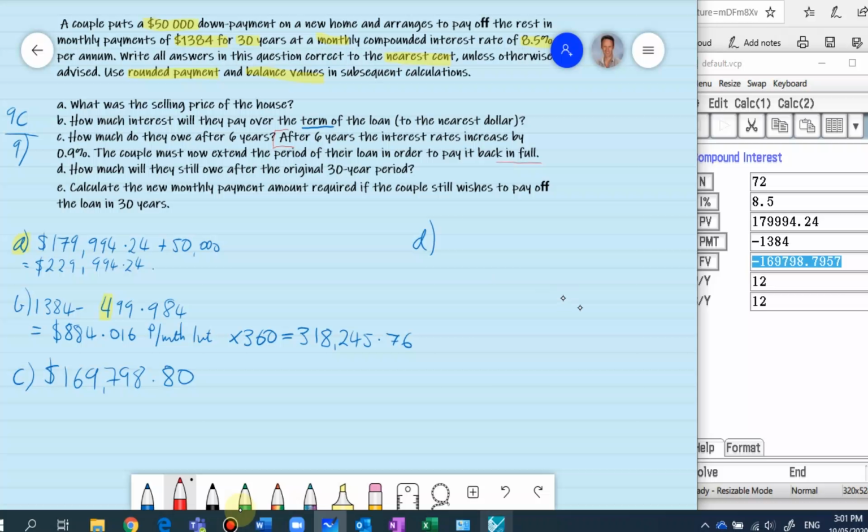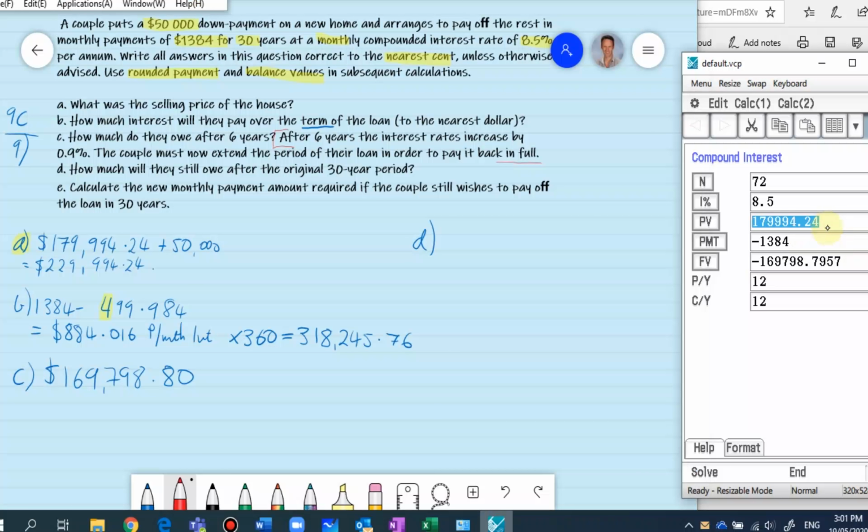Okay, so for that, we need to make some adjustments up here. So after 6 years, that $169,000 figure is now the present value. All right, we've done it for 6 years. So I'm going to get rid of that up there and copy this, pop it up there. Need to make a couple of adjustments.